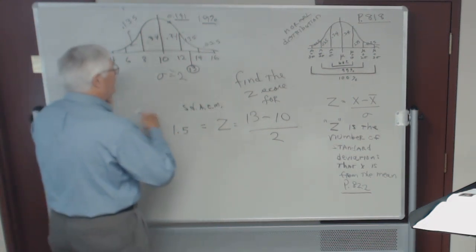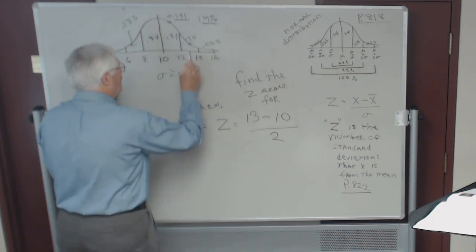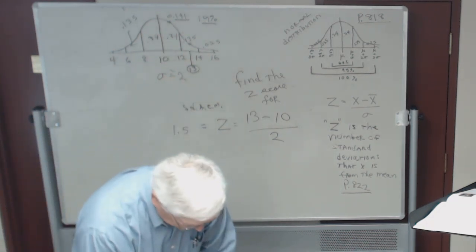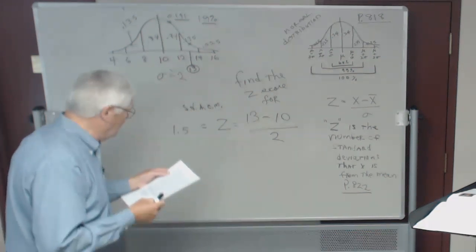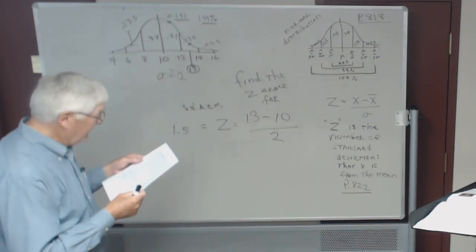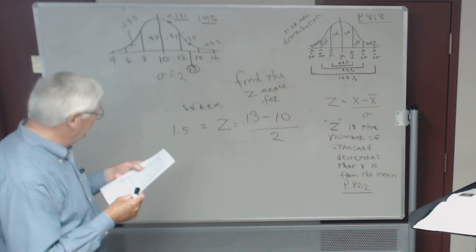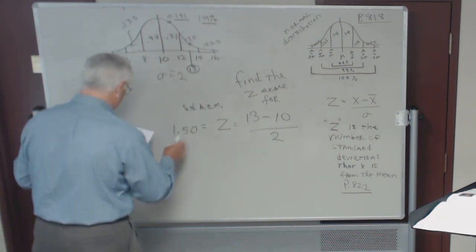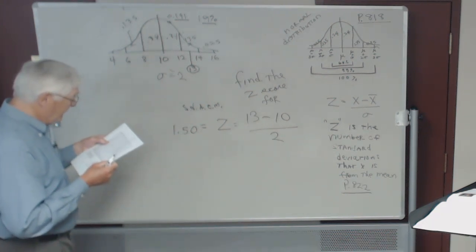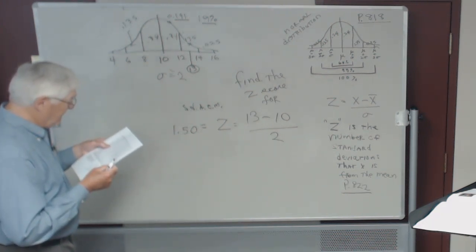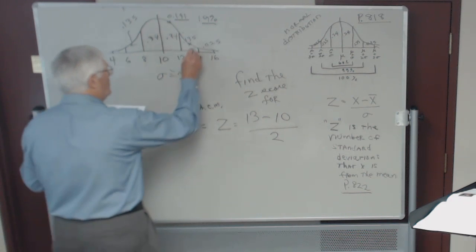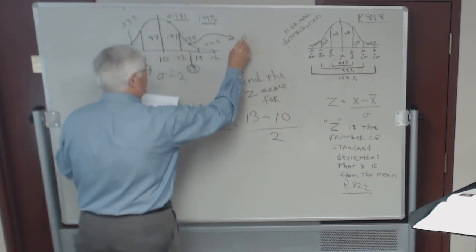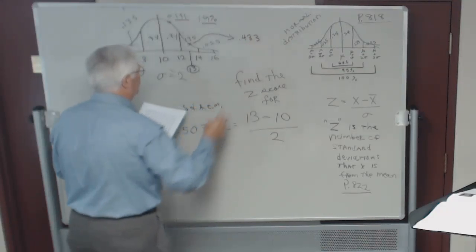So, where would 1.5 be on this line? Go down the left-hand column to 1.5, and then after that's a 0, go across the top to 0, and what do you get? 0.433.